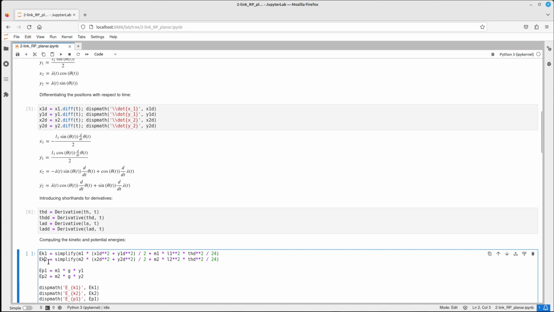Okay, and in the case of the second kinetic energy, it's very similar. You basically just need to change those numbers here, or those indices.